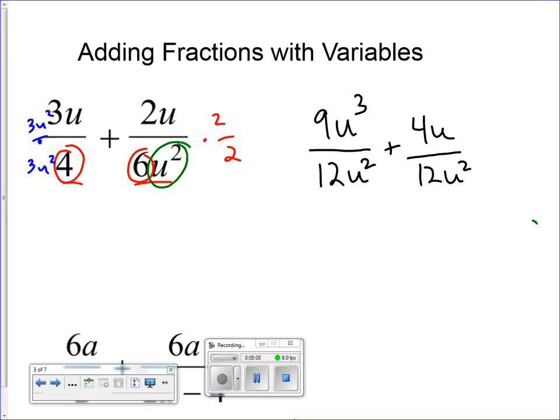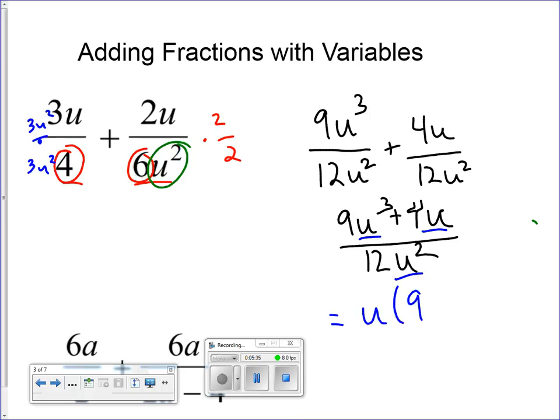Now we can add our numerators. And then we have our fraction. This one I actually notice I can simplify. I see that every single term has a u in it, so I can factor out a u.